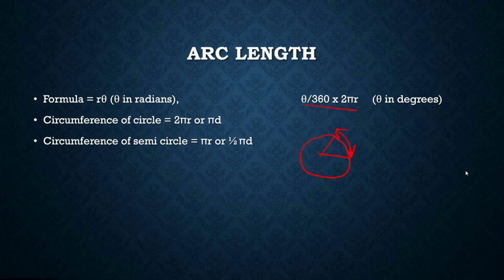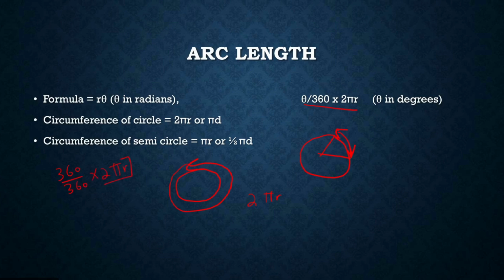For example, when you take the circumference of a circle, which is 2 pi r, you are taking the distance around the circle, which is basically the arc length of the whole circle. What you're doing is just inputting it into the formula: 360 over 360 into 2 pi r.